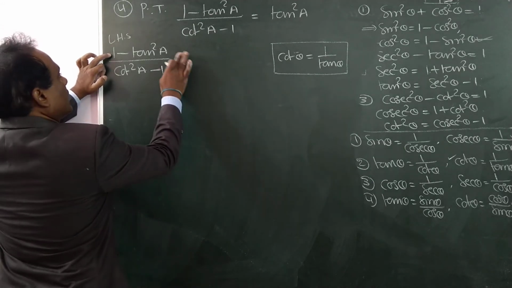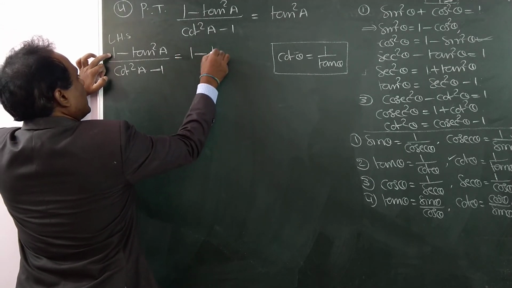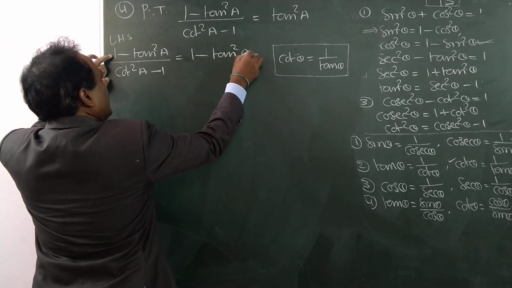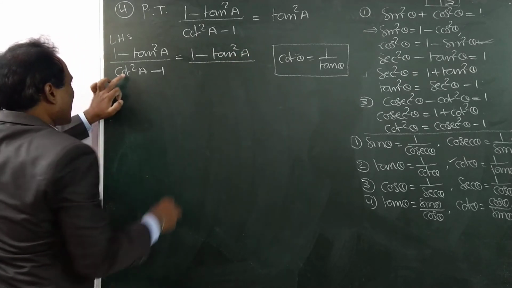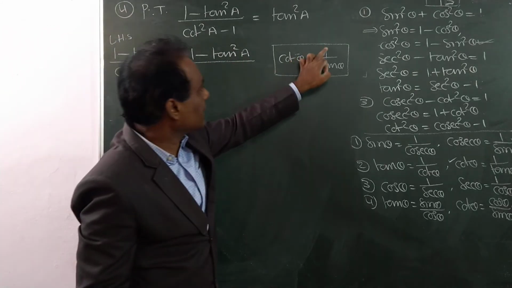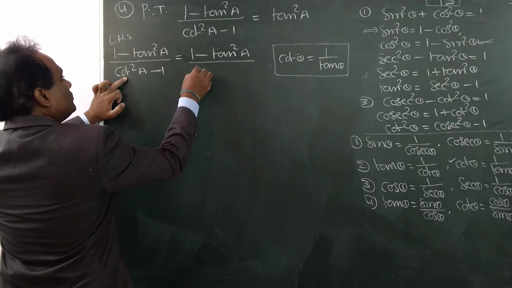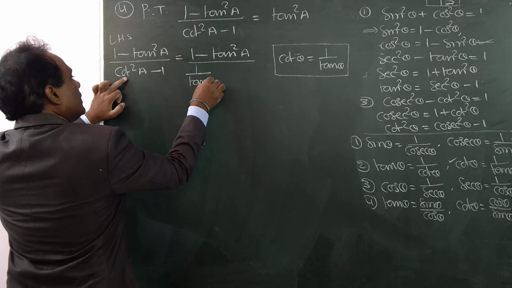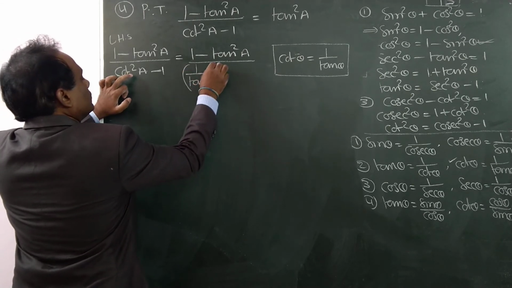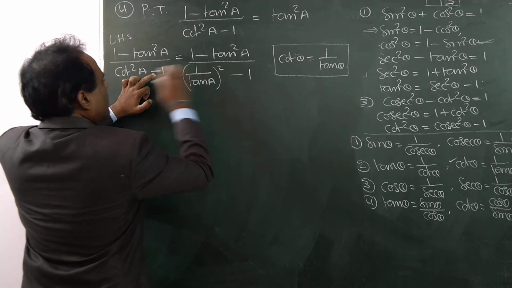I am writing the numerator same: 1 minus tan square A. For cot, I will write 1 by tan. Only that formula I am using. Cot is equal to 1 by tan, but it is squared, so square is square. Minus 1, everything same.